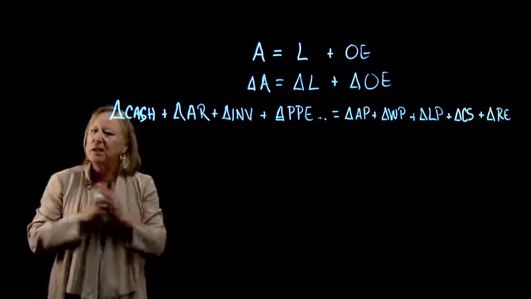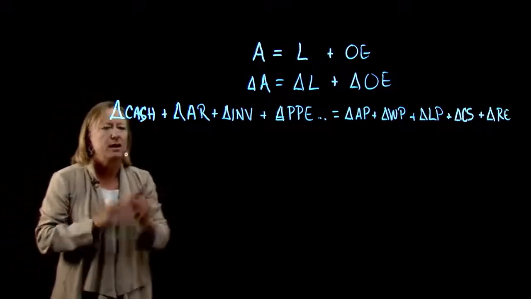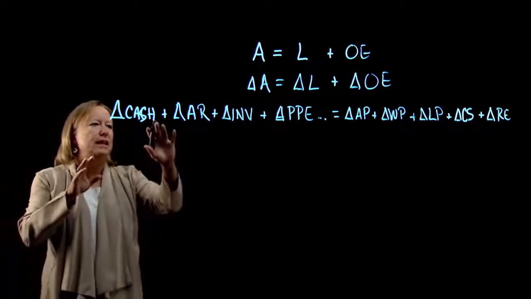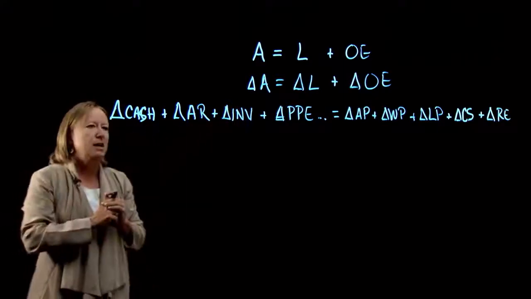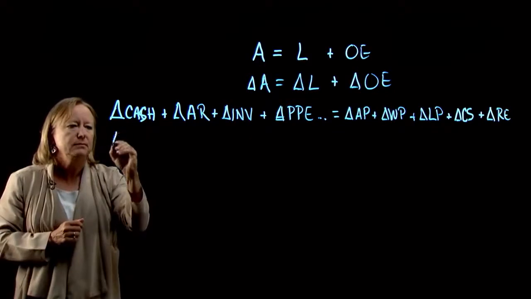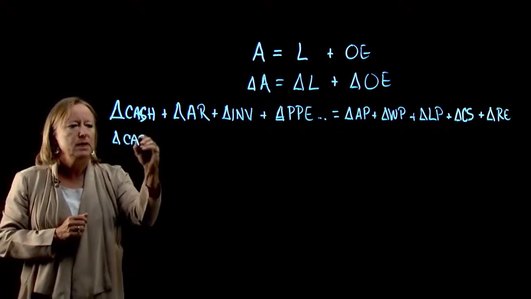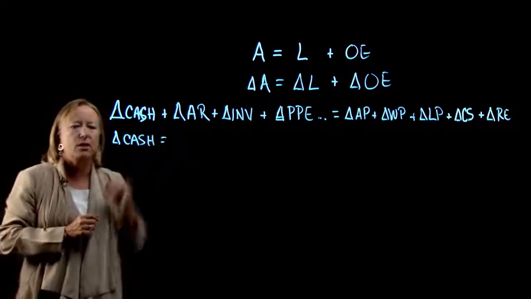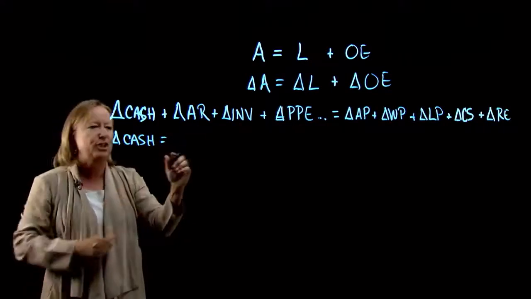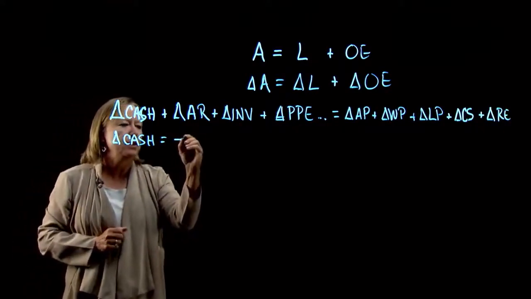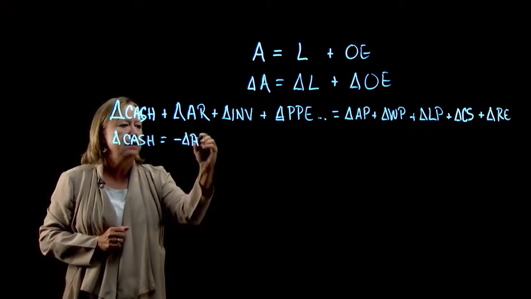So I think I've probably got you convinced so far. Well, let's just take everything except for the change in cash and put it on the other side of the equation. Nothing too sophisticated. I'm just going to move everything to the other side. Of course, we know when we do that, we have to change the sign in front of those things that are moving.